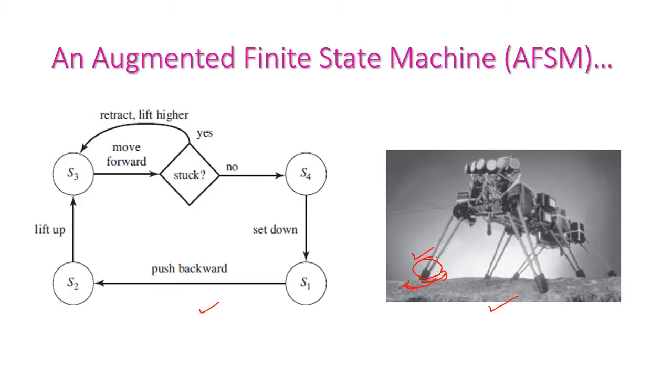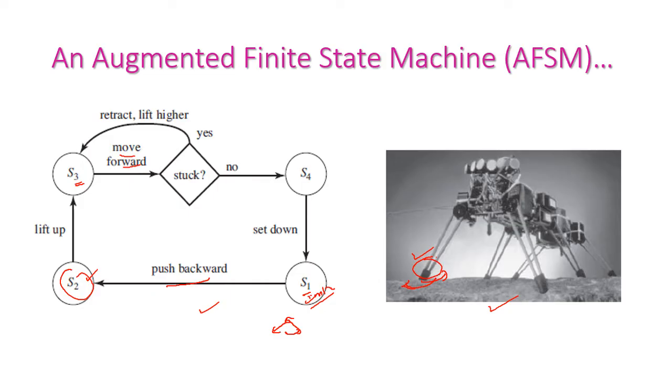So this is the initial state. From the initial state, it should push backward. So the leg will push backward and it will move to S2 state and lift up. From the back, it will lift up. The leg will be lifted up. Then it will move to state 3. So then it will move forward. It tries to move forward.